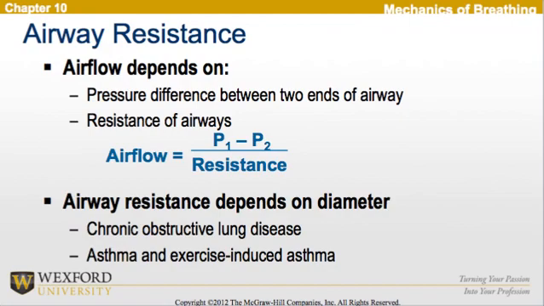Now, if we take a look at airway resistance, we see that airflow depends on the pressure difference between the two ends of the airway and the resistance of the airways. We also see that airway resistance depends on diameter. This is evident in chronic obstructive lung disease and asthma induced during exercise.